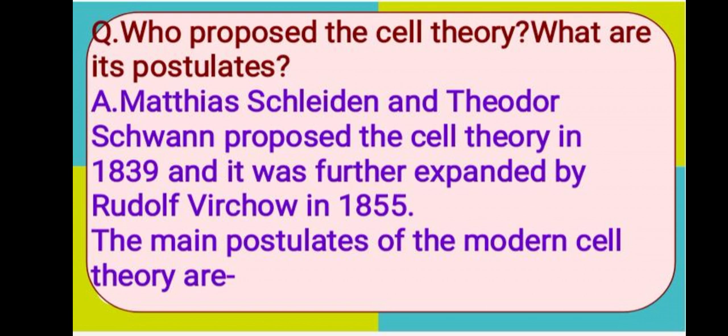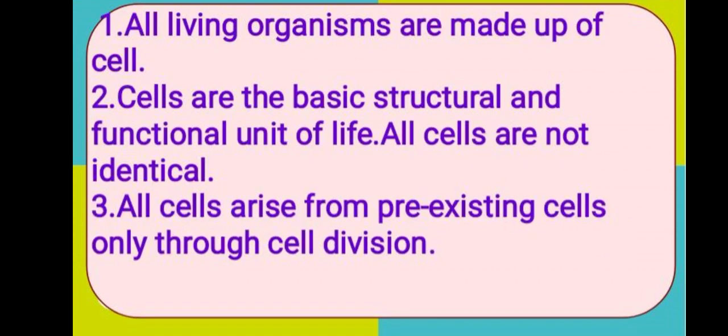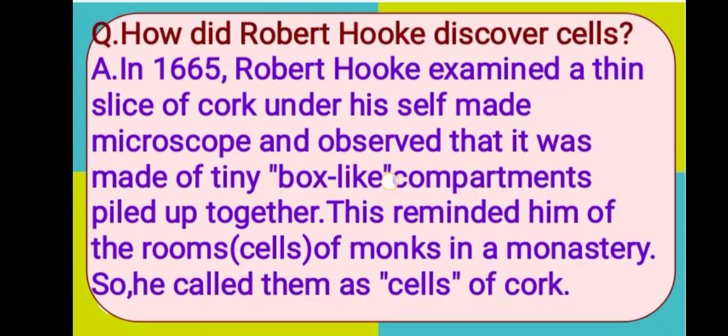The main postulates of the modern cell theory are: all living organisms are made up of cells. Cells are the basic structural and functional unit of life. All cells are not identical. All cells arise from pre-existing cells only through cell division.